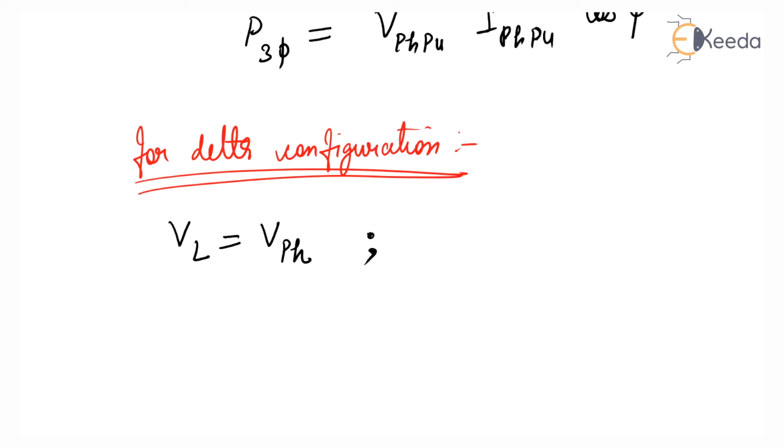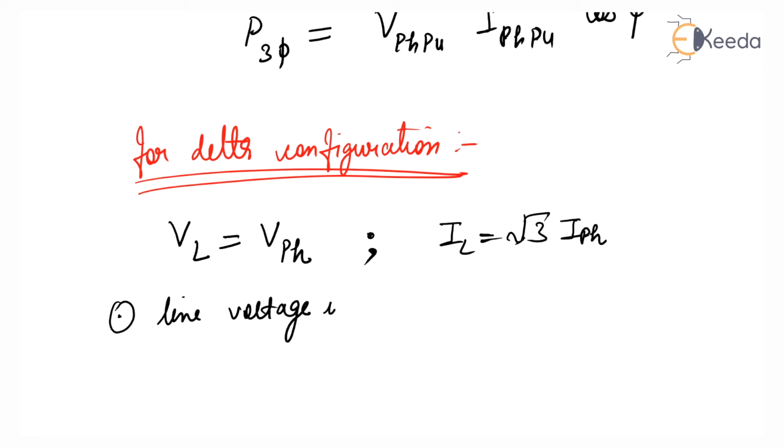Now for delta configuration, we know line voltage is equal to phase voltage, and line current is equal to root 3 times the phase current. So first we'll see voltage. Line voltage in per unit is equal to the actual line voltage upon the base quantity, so this is line voltage per unit.